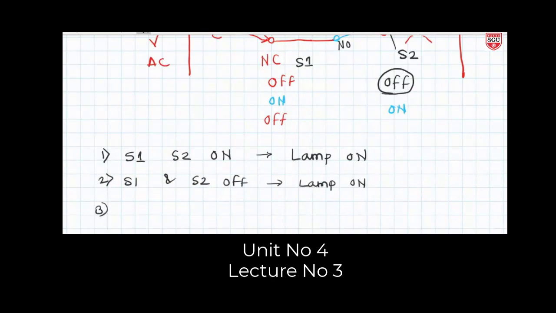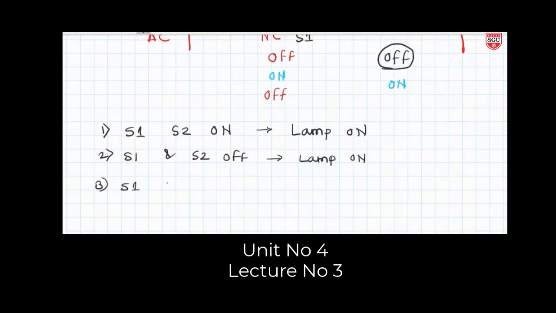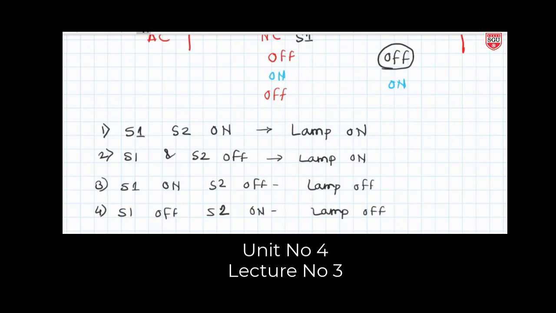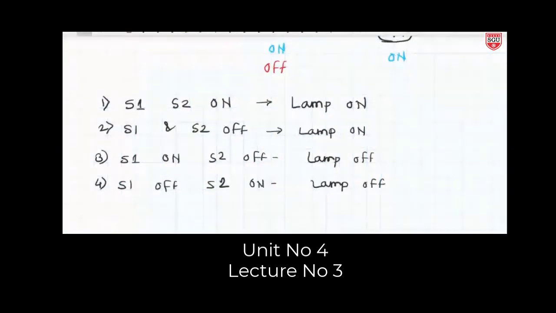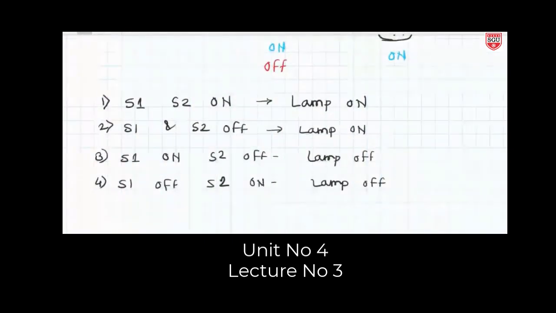Third condition: S1 on, S2 off, lamp is off. Fourth condition: S1 off, S2 on, lamp is off. So I want a line diagram for this as homework. I will ask for this problem's answer in the next lecture. If you want, you can take a screenshot or you can refer to the notes which I will be giving in the upcoming days.